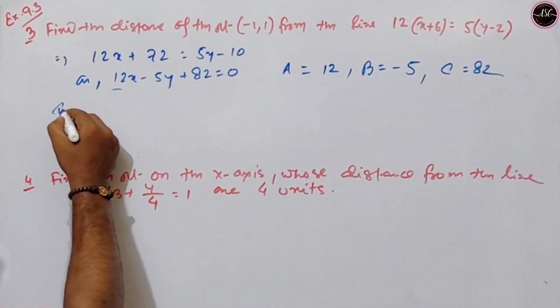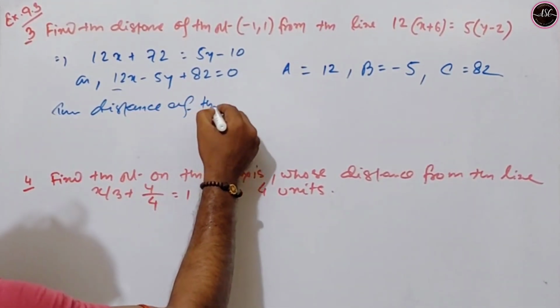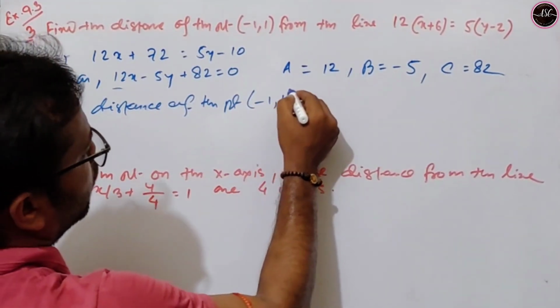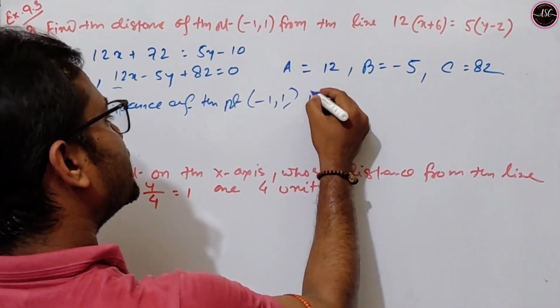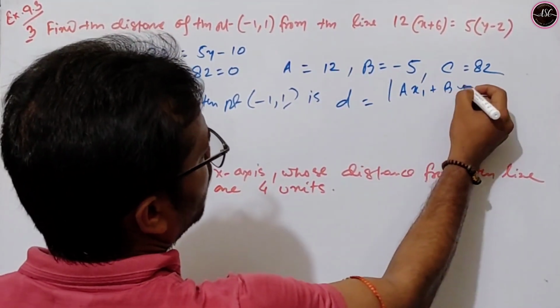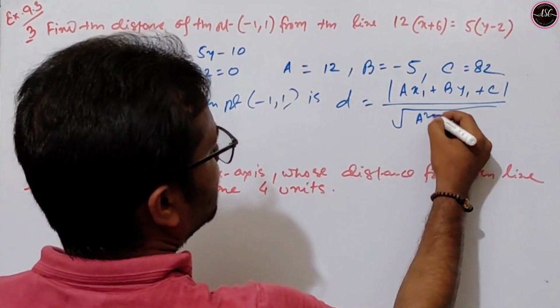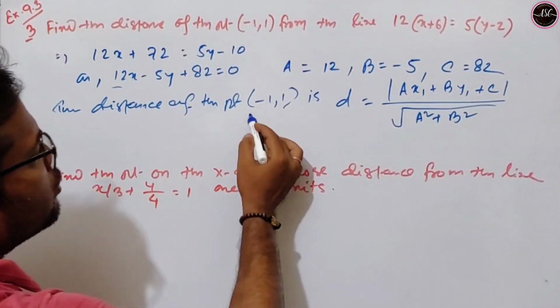So the distance of the point minus 1 comma 1 is d equal to mod of a x1 plus b y1 plus c divided by root a square plus b square. Here x1, y1 equal to minus 1 comma 1.